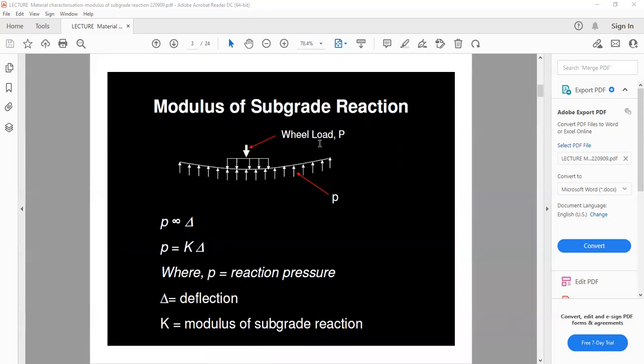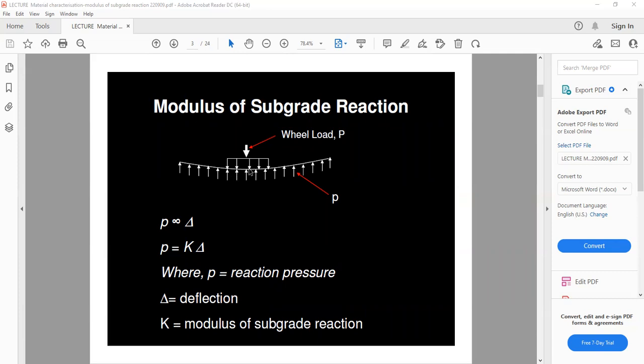If you look at this diagram, you can see a wheel load is applied vertically to the surface of the pavement, and it is distributed in a uniform manner. So you can say this is a rigid plate from which the load is transferred, and a small deflection is created.